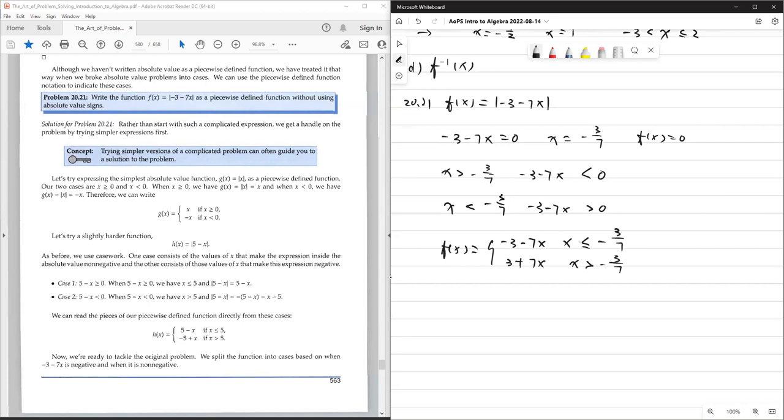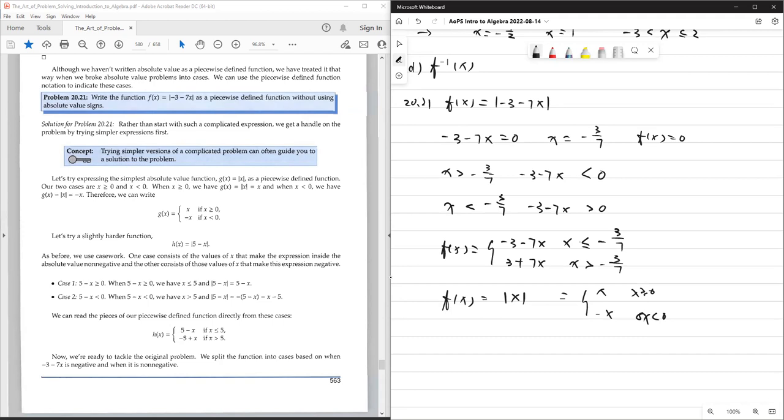Okay, so basically the absolute value function in its simplest form equals x when x is greater or equal to 0, and negative x when x is less than 0. This is just a transformation because it shifts and stretches it.